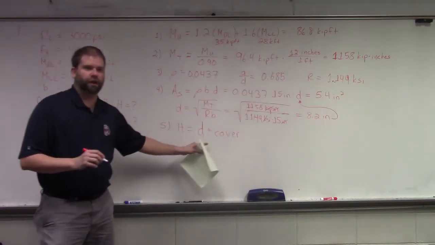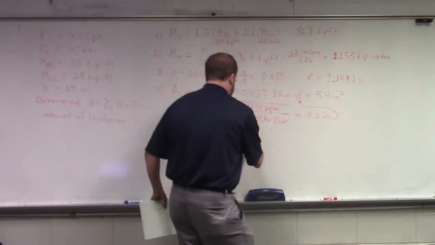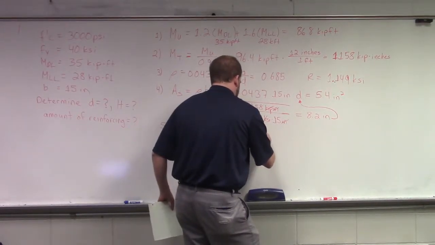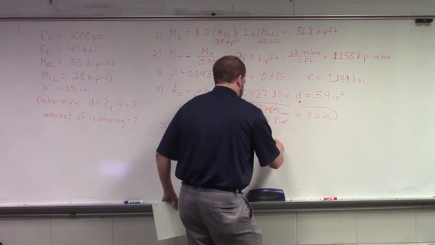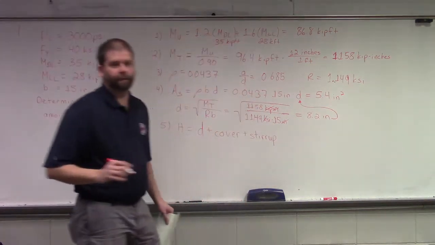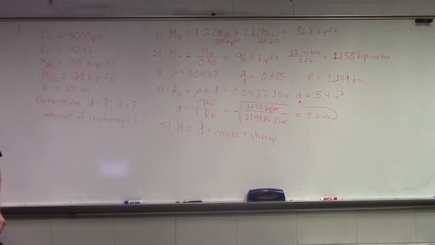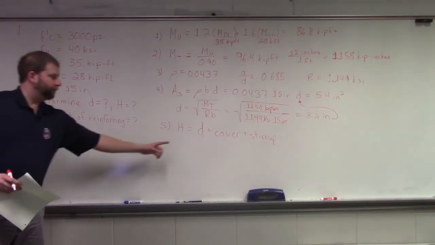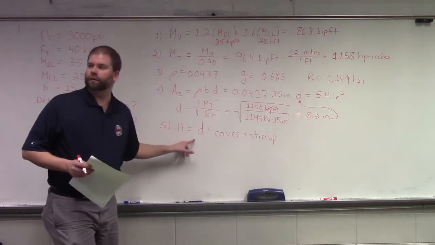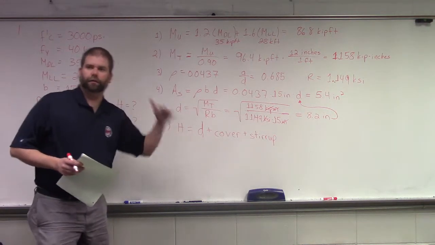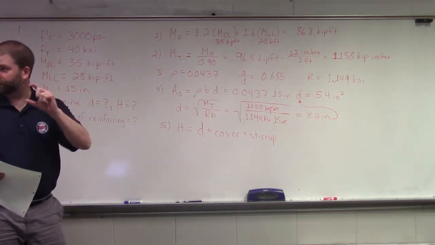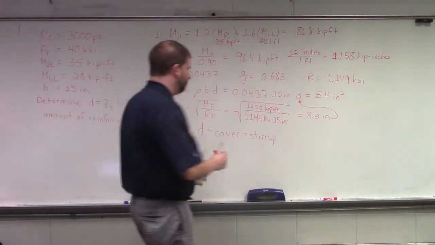We need D, we need our cover, the allowable distance, and the allowable distance in stirrup. And what's the third item? What distance does D represent? It's measured to the center of the steel, so we need the other half of the steel.